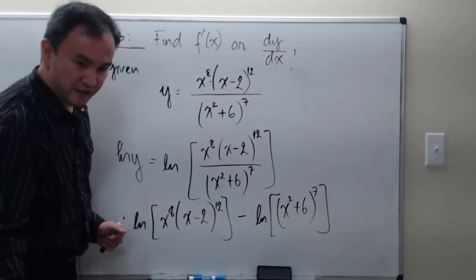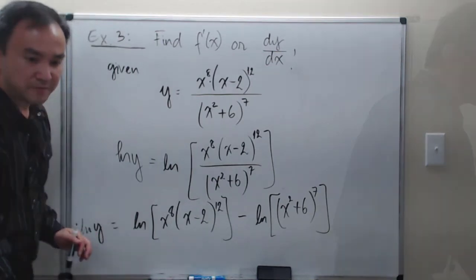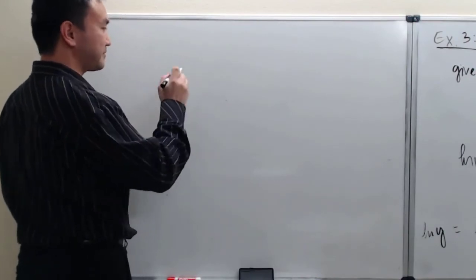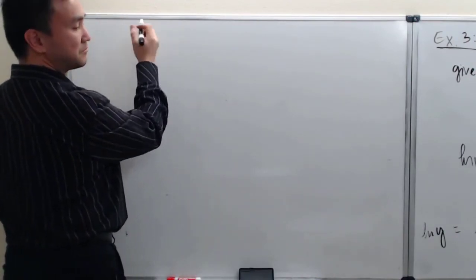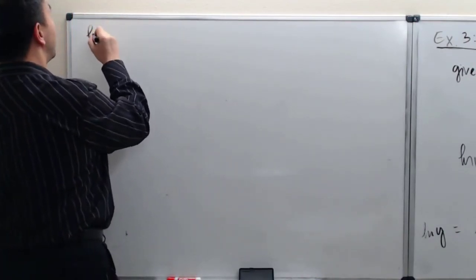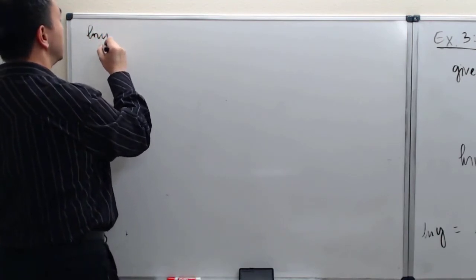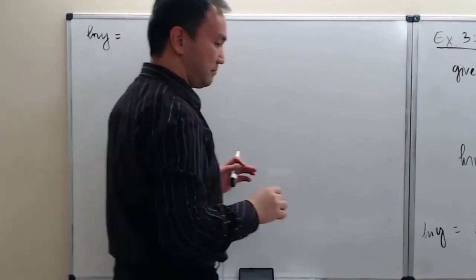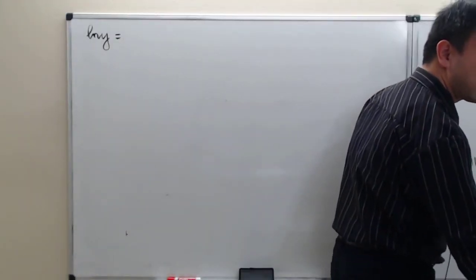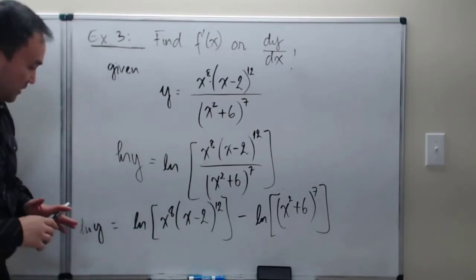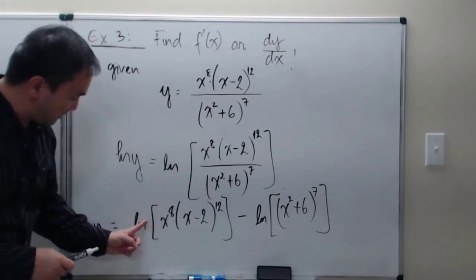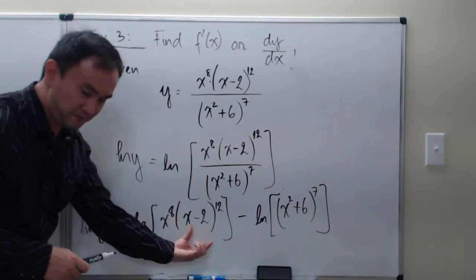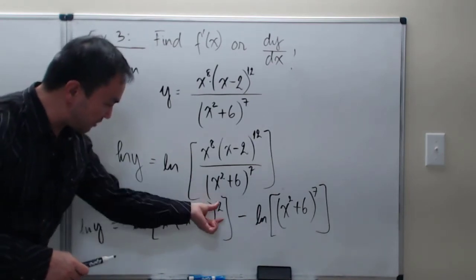Okay, and then in the next step, we are looking at natural log of y on the left-hand side. There is not much to be done on that, but the first term on my board is now the logarithm of a product between these two factors where there was some power included.